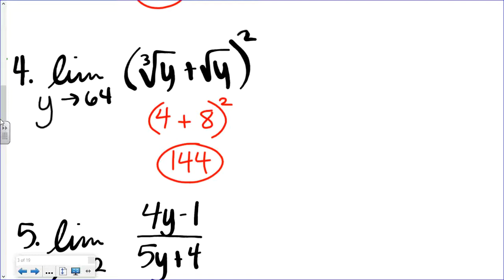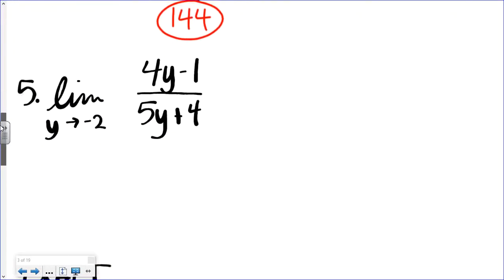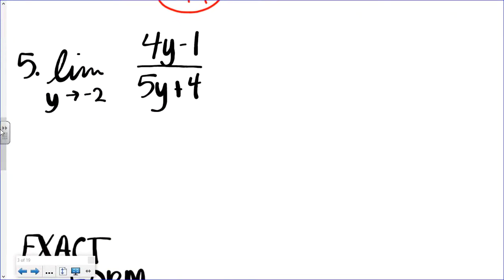Okay, let's do one more easy one, and then we'll kind of bump it up a notch here. Haven't done a quotient property yet, so we'll put one here. Does -2 pose us any problems?